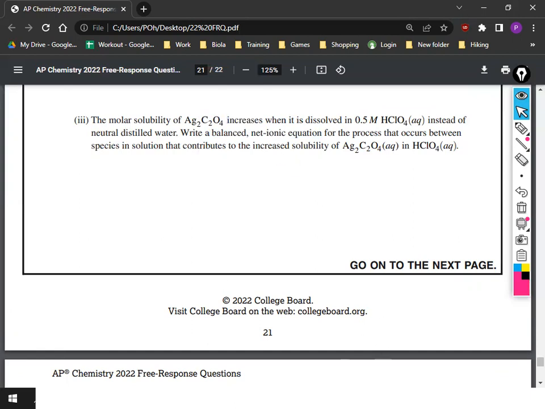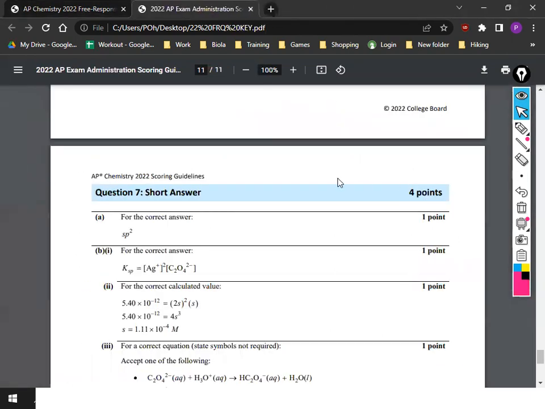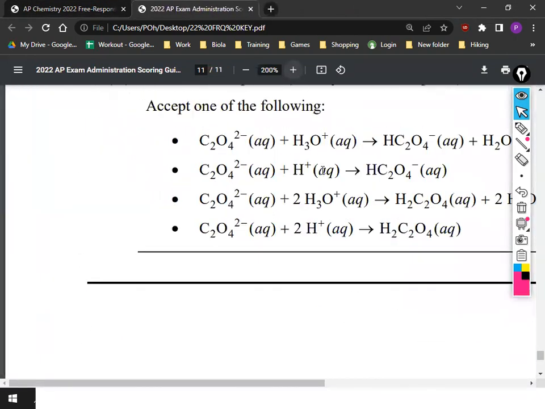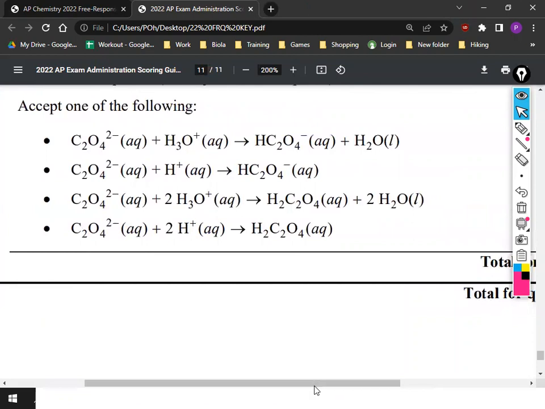So there are 4 possible answers. I'm going to put them up on the screen right now, and any of these will work. So you guys don't need to write this down again. I'll put this up on the website on Canvas. I'm not going to spend too much time, but basically what you need to write is that you have the oxalate ion, and it's going to react with the water, or H+, right?